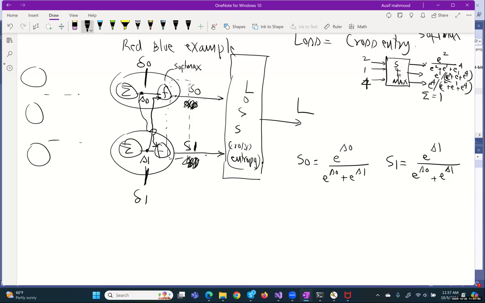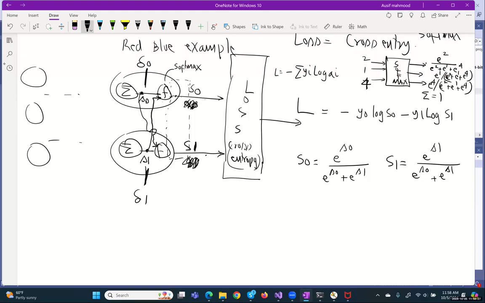The cross entropy loss will be minus Y0 log of S0 minus Y1 log of S1, because the formula was minus summation of y of i log of A of i, where A of i is really capital S0, capital S1 in our example.